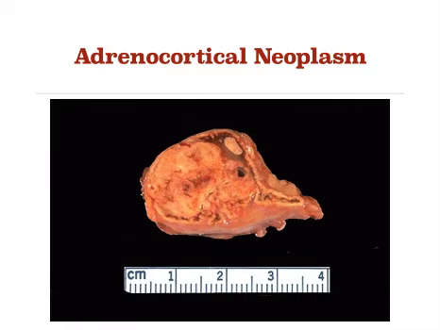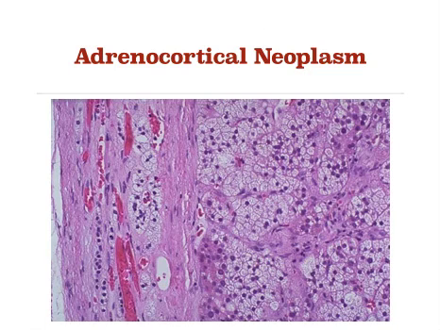And that's because of the presence of lipids. Usually, when you think of lipids or fats, they will appear yellow in color. And of course, microscopically, you will see cells that have abundant cleared out cytoplasm because of the lipid content.